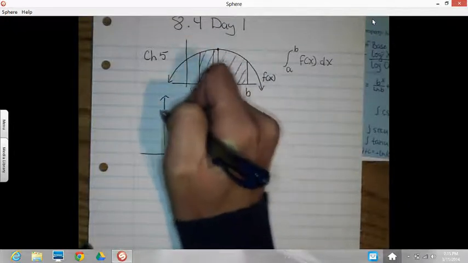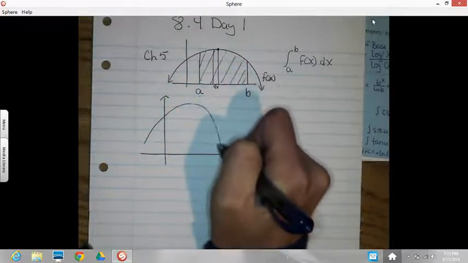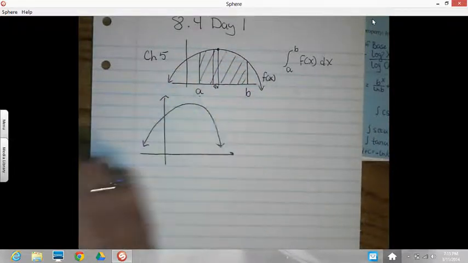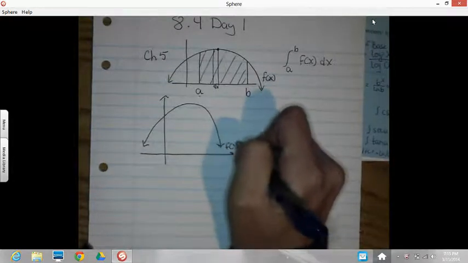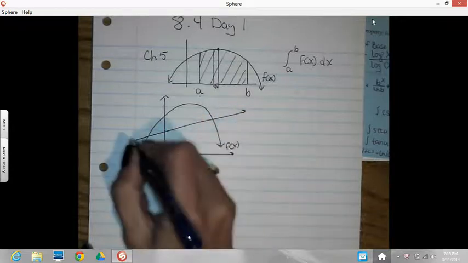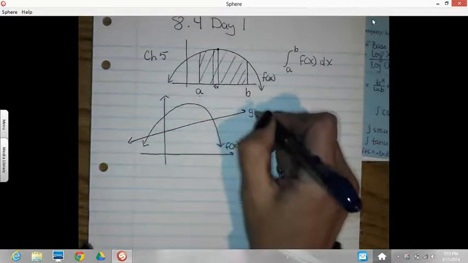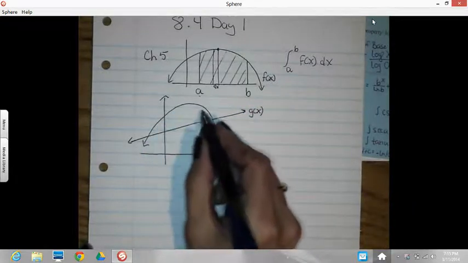Let's go with another parabola, which I'll call f of x, and say a linear function, g of x. And I create a bounded region, bounded because it's enclosed by the two functions.